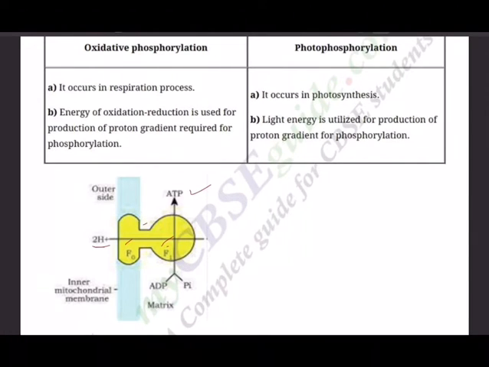When H plus moves from C side to M side, the F1 ATPase operating in reverse catalyzes ATP synthesis. This is how ATP is synthesized from ADP plus inorganic phosphate in the mitochondrial matrix.